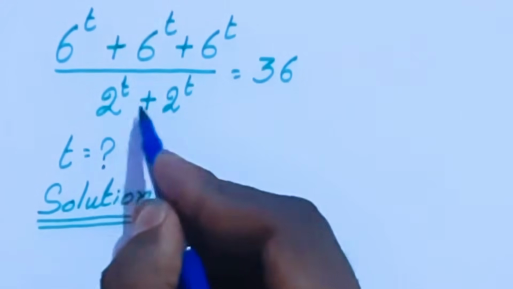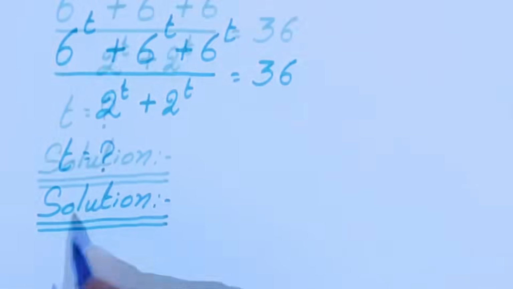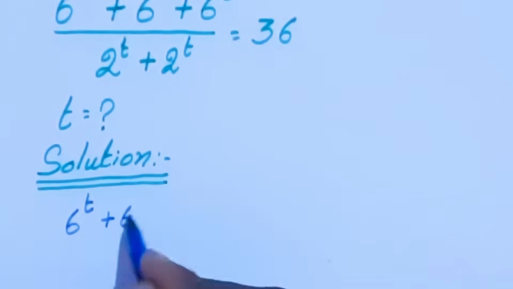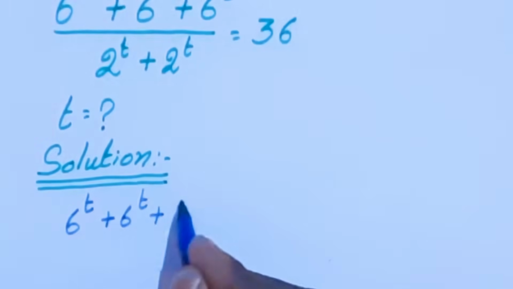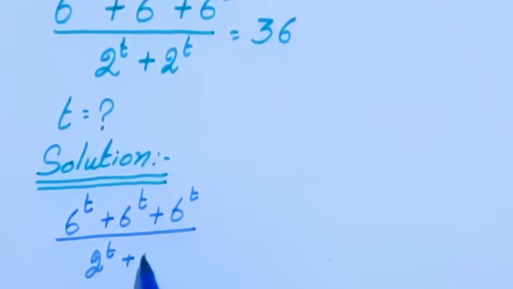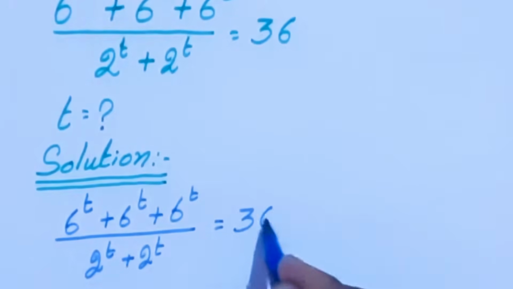Today we are going to solve this problem to find t value. Solution: 6 power t plus 6 power t plus 6 power t by 2 power t plus 2 power t equal to 36.